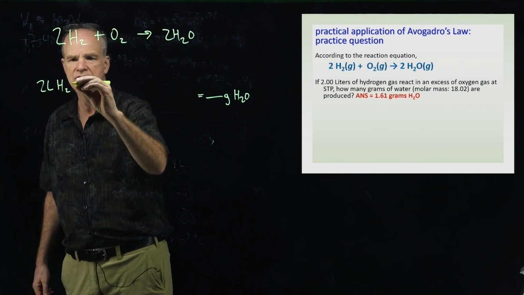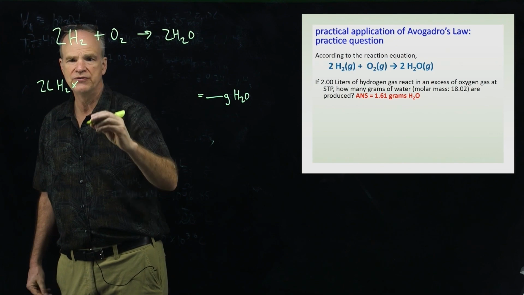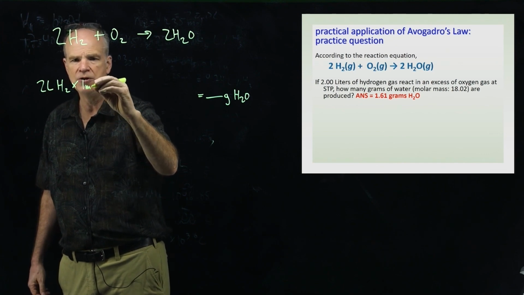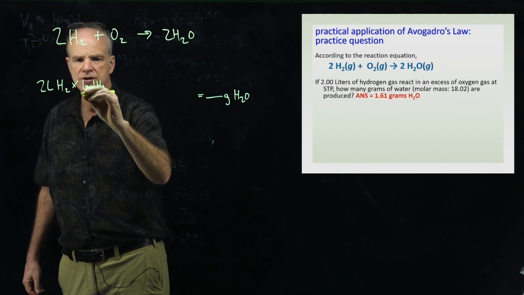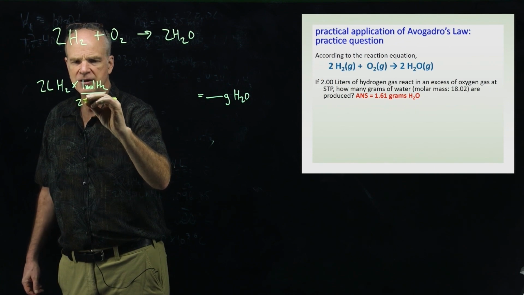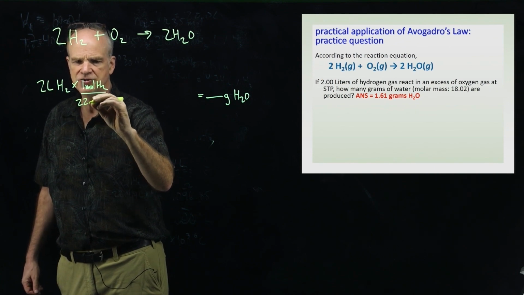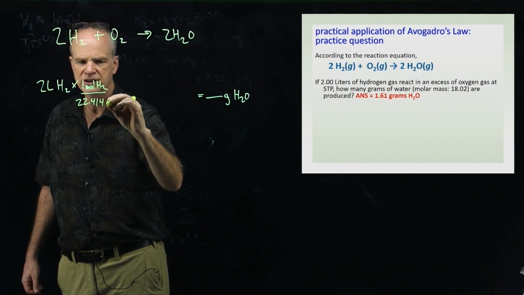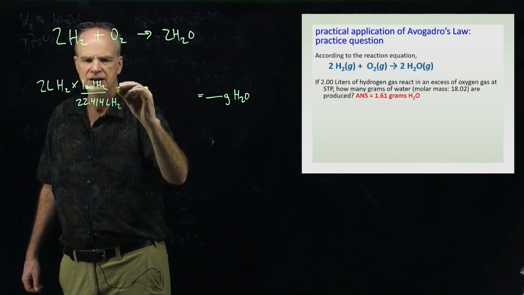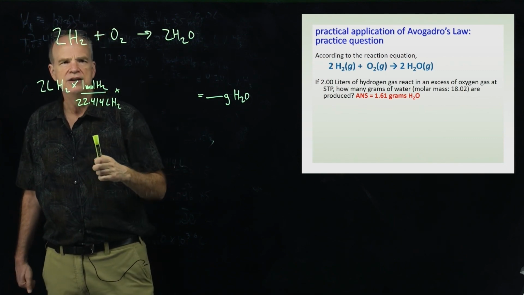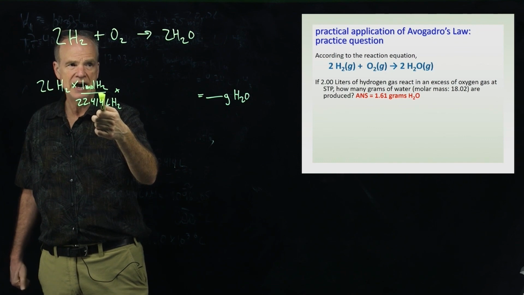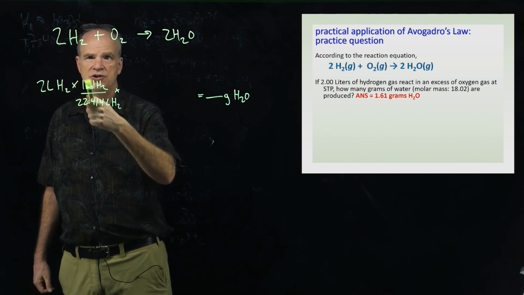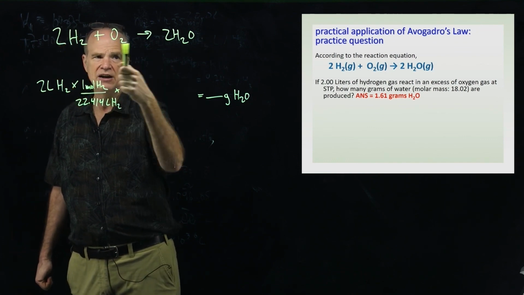So here we want to get this into moles of hydrogen. It's 1 mole of hydrogen over the volume that this occupies at standard temperature and pressure, which is 22.414 liters of hydrogen. Now that we have moles hydrogen, we can convert this to moles of water using the ratio of 2 moles of hydrogen to 2 moles of water.